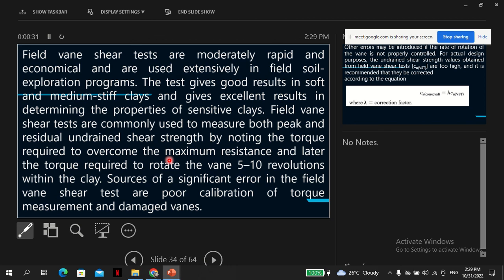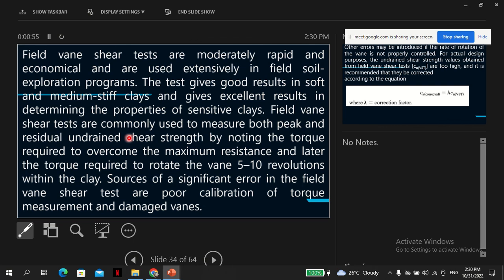Field Vane Shear tests are moderately rapid and economical and are used extensively in field exploration programs. The test gives good reasonable results in soft and medium stiff clays and gives excellent results in determining the properties of sensitive clays.